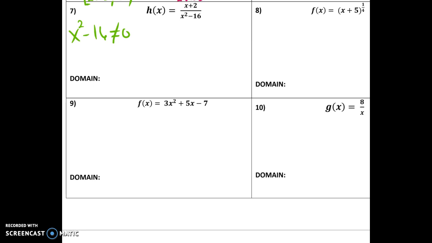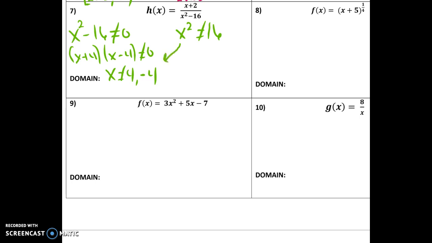One is you could factor. This is a difference of squares to solve for x. And you would never pick 4 or -4. The other way to do it is get x by itself and add the 16 over, and then take the square root of 16, and you'll just have to remember that you wouldn't want 4 and -4.